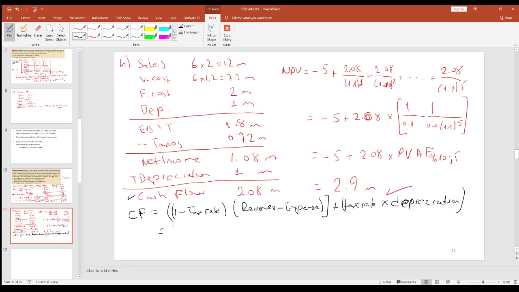So let's see what is correct or not. 1 minus tax rate is 0.6. So revenue minus expenses. From this revenue minus expenses, you can find that 12 million is revenue.